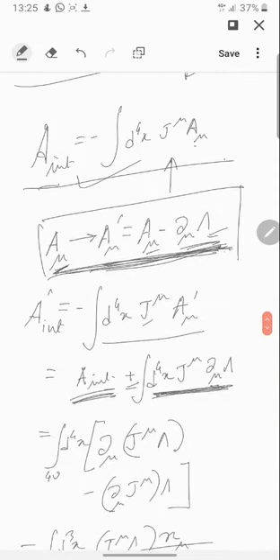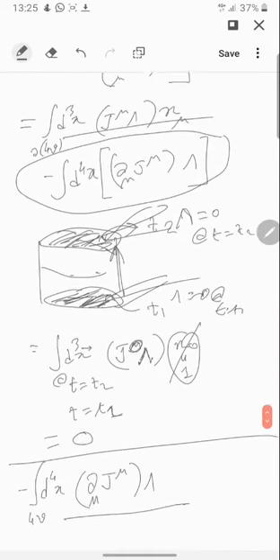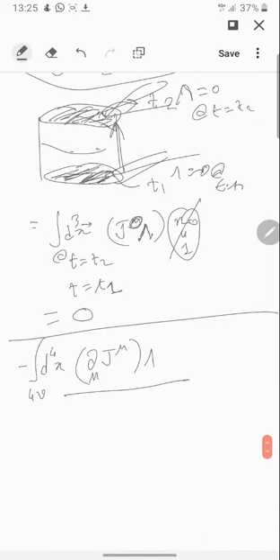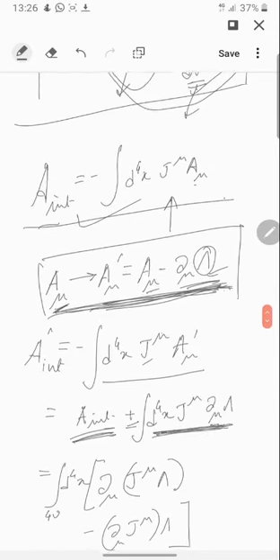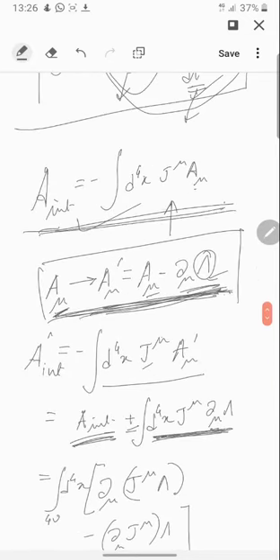We cannot say we have taken lambda in such a way that lambda is 0 all over the space time. It can only be 0 at the boundary of our space time. So, lambda is not 0 here. But we need this extra term to be 0. Otherwise, your interaction action will not be invariant under this transformation. What was our point? Our point is, if we transform A mu, then this is something which leaves the F mu nu, the field strength tensor, invariant.